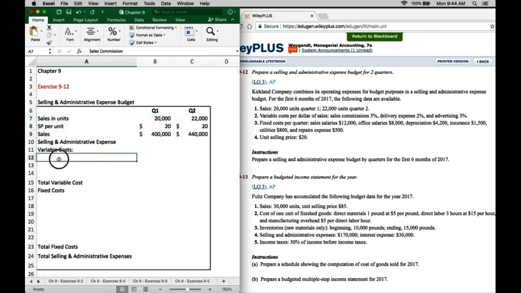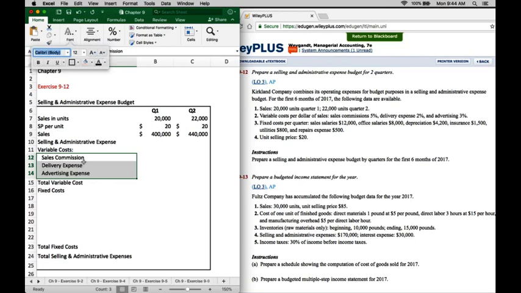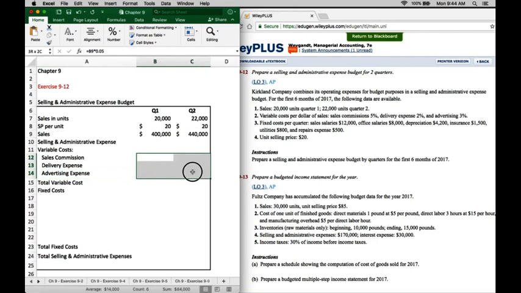Okay, what's the variable cost? I've been told the variable costs are sales commission, delivery expense, and advertising. They are 5%, 2%, and 3% of sales, which is why I needed that sales number. Once I have these sales numbers, I can do those calculations.